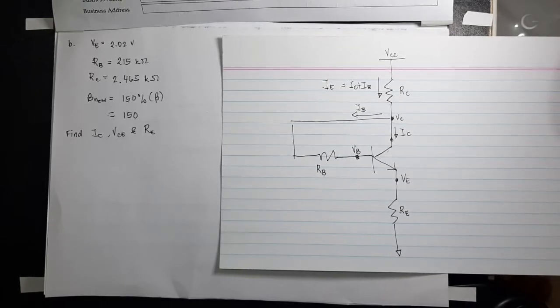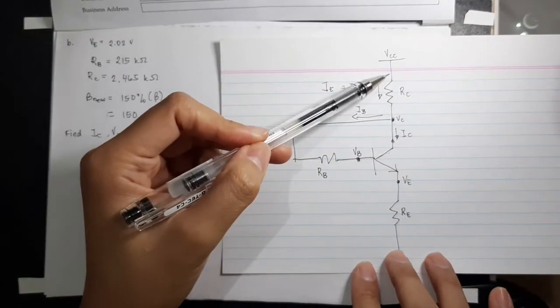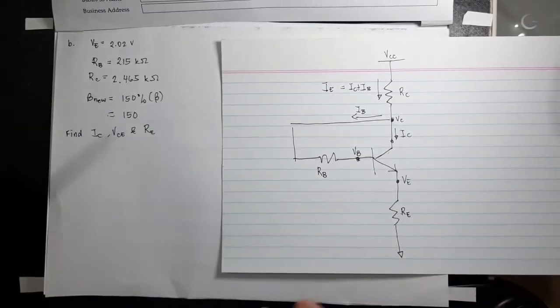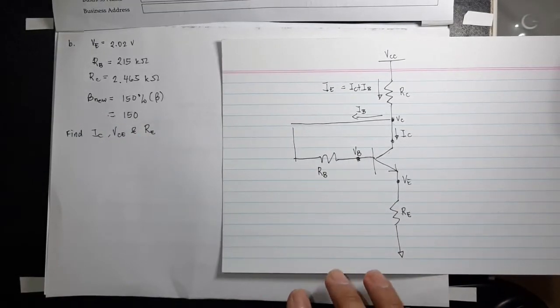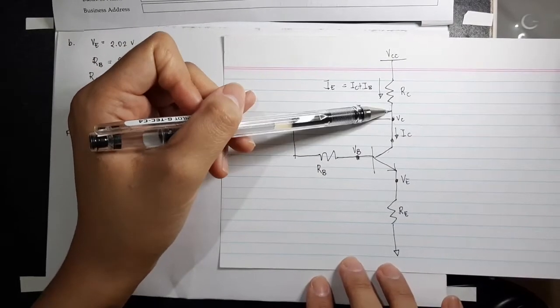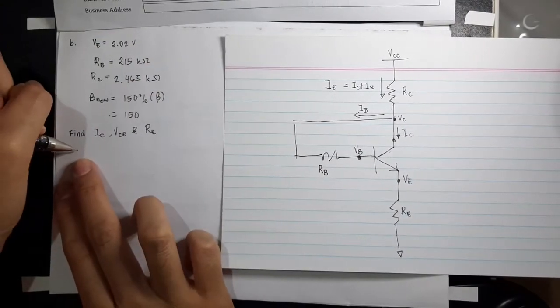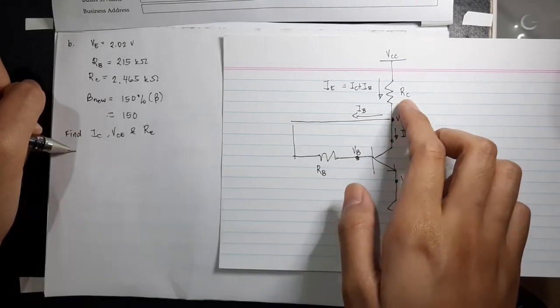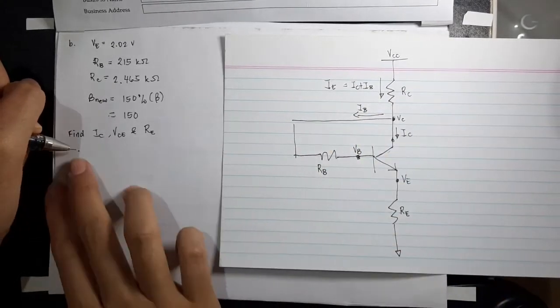So what can we do here? Next, for this item, we will have two equations, two unknowns, and we can solve them simultaneously. So for this part, we can apply KVL around this loop. We have the voltage here equal to the product of RC times IE, or IC plus IB.